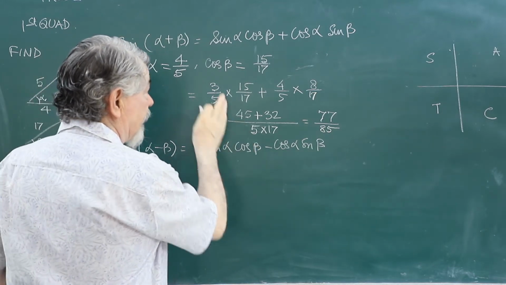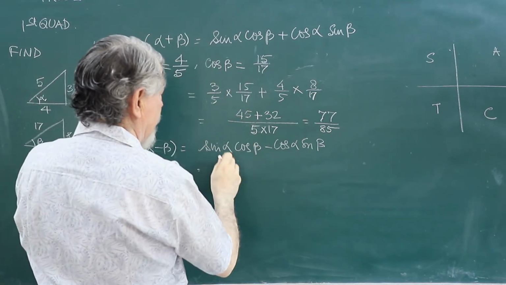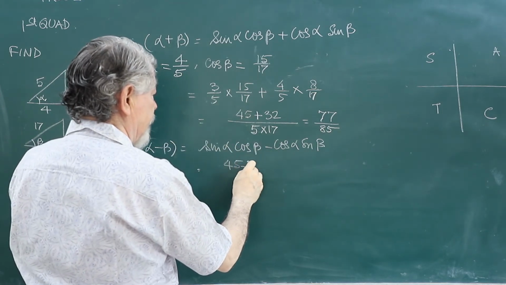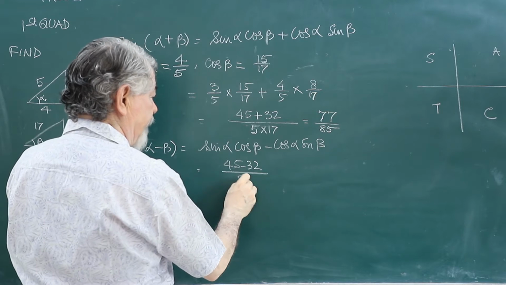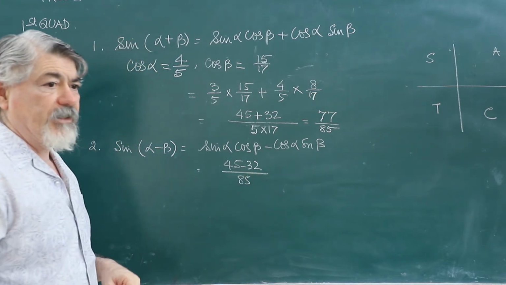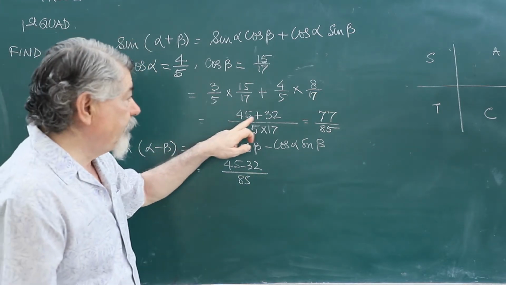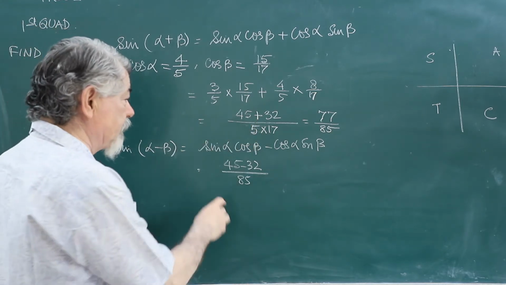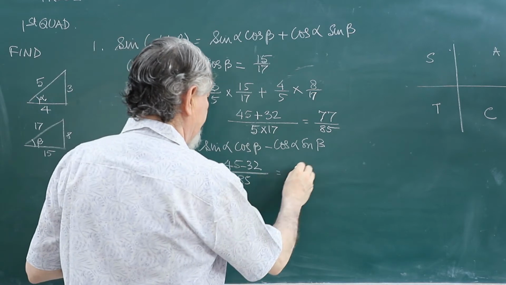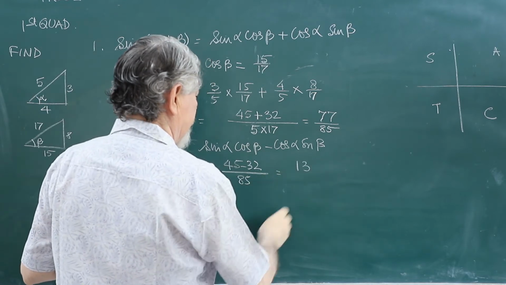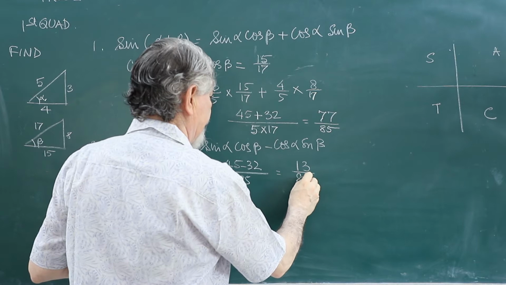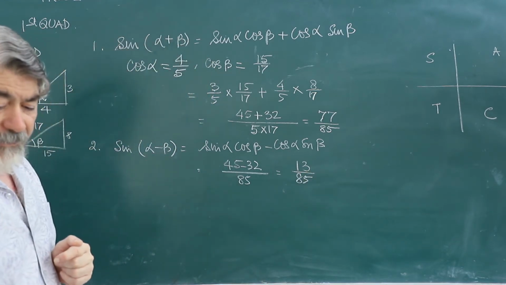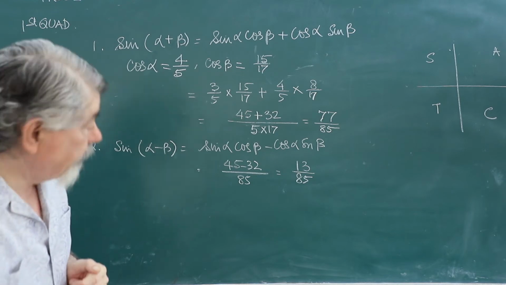So I am directly writing 45 minus 32 upon 85, because everything else remains the same except that instead of addition in the numerator it will be the difference. What is the difference? 45 minus 32 is 13. So your value of sine alpha minus beta will be 13 upon 85.